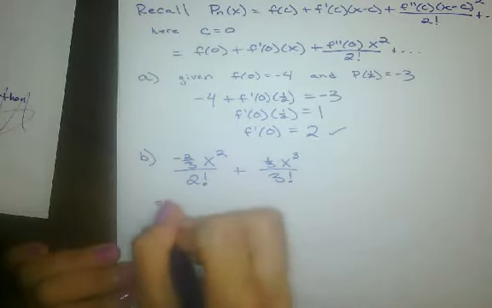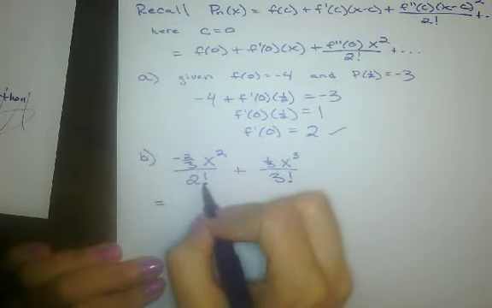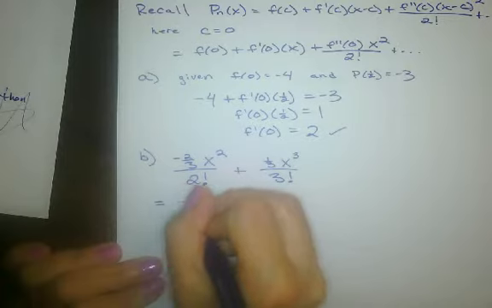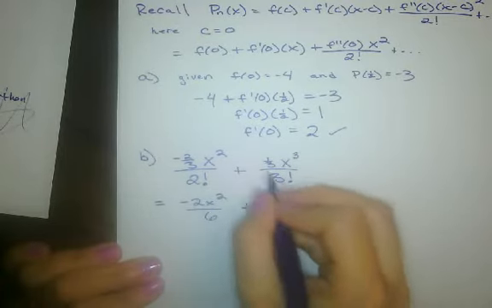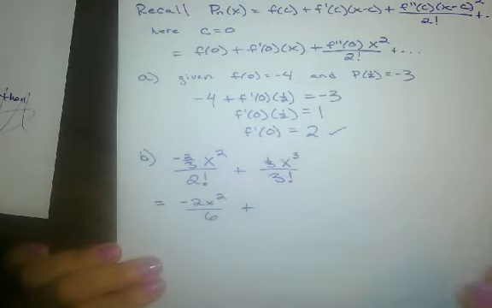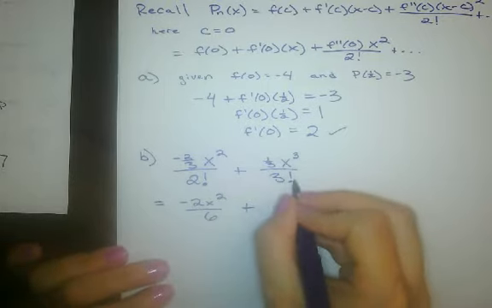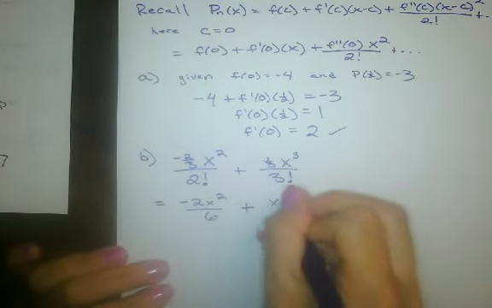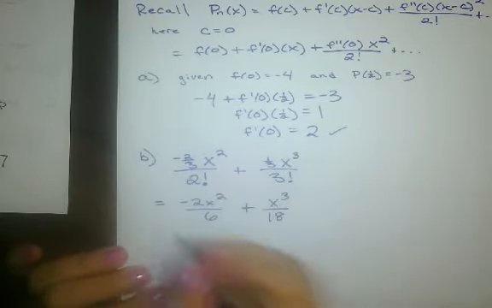I'm not really answering the full question yet, but this divided by 2 factorial is just 2, so really that'd be something like -2 x squared over 6, which you could further reduce if you wanted, plus x cubed over 18, because remember 3 factorial is 6, so 6 times 3 gives me the 18. So I've got that. That's taking those givens. Now make sure you're answering the full question.